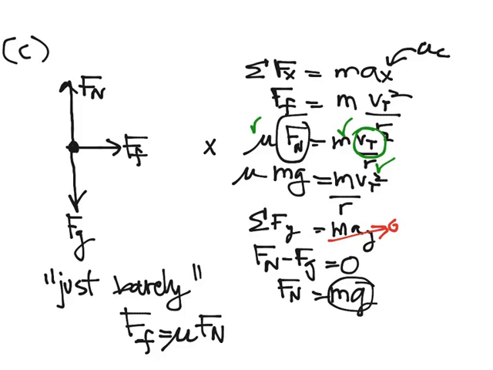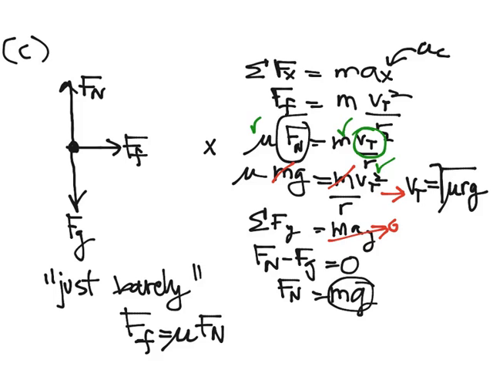It turns out the mass doesn't even matter. We can cancel the masses out and solve for vt algebraically. When we solve for vt algebraically, we get vt is equal to the square root of mu rg.